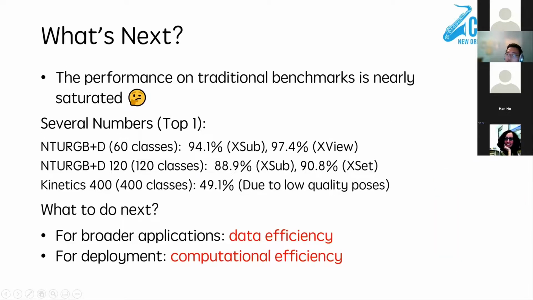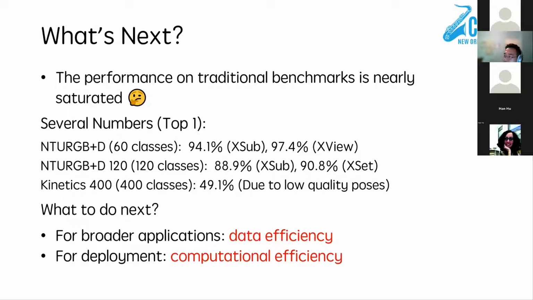So after introducing all those powerful skeleton action recognizers, there seems to be a depressing fact. The performance on traditional benchmarks seems to be nearly saturated. Most testing cases are correctly classified, and the remaining failure cases are really hard and almost impossible to be recognized by skeleton only.